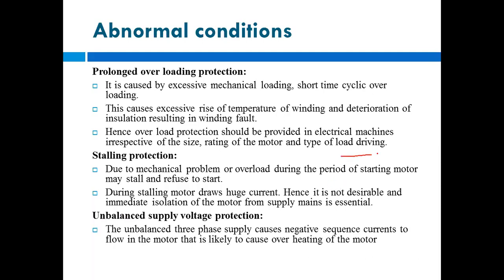If you are putting one conductor, actually all should be in a straight line, but these are not in a straight line. These bars are skewed. Likewise there is the construction, and in this way these bars are placed here.